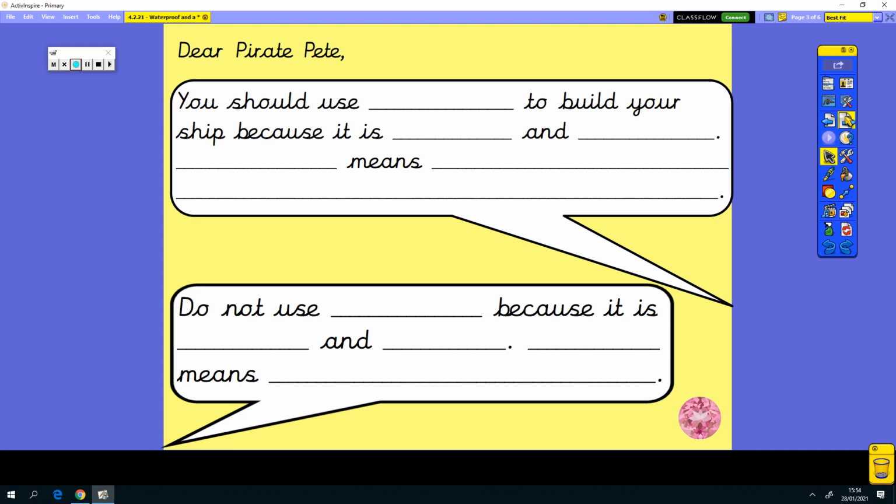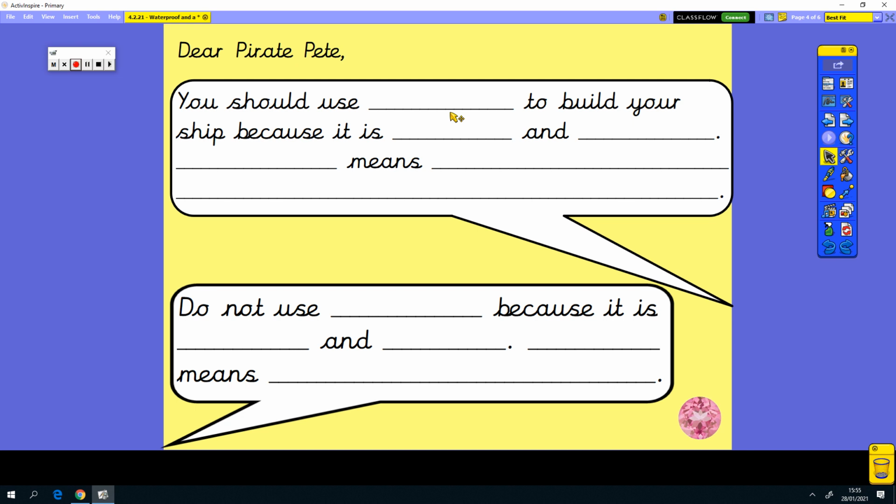Okay, let's have a look at some talk frames that are going to help us with our letter today. So, the first part, as we have done the past couple of days, Dear Pirate Pete. And then, let's concentrate on this first sentence, up to that first full stop. So first of all, we need to tell Pirate Pete, you should use, so what should he use?